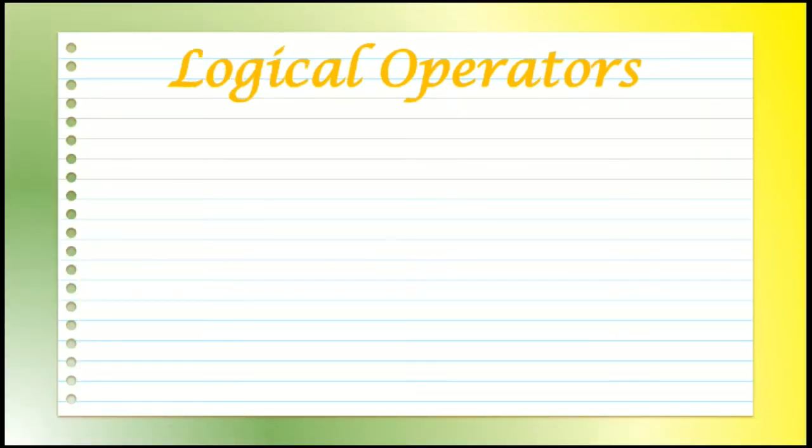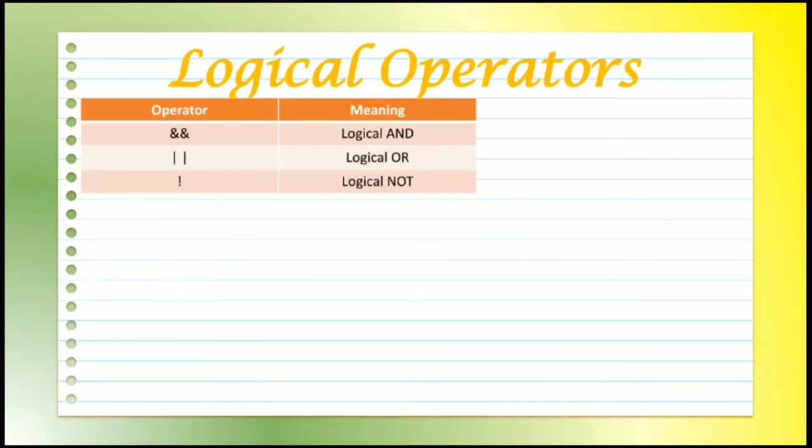So the next type is logical operator. In addition to the relational operators, C has three logical operators. First one is AND, which means logical AND.